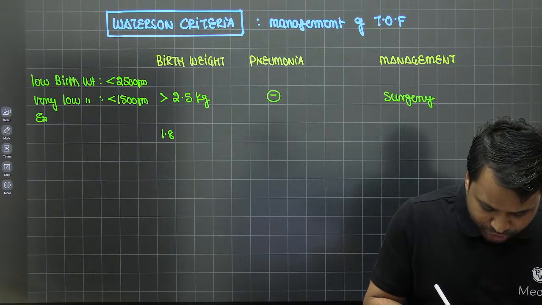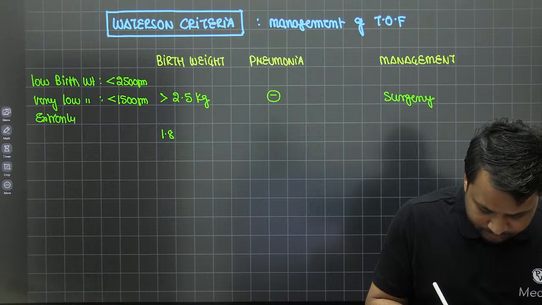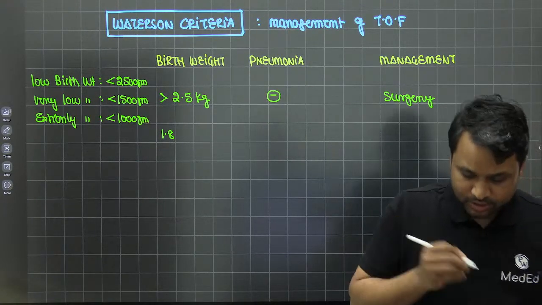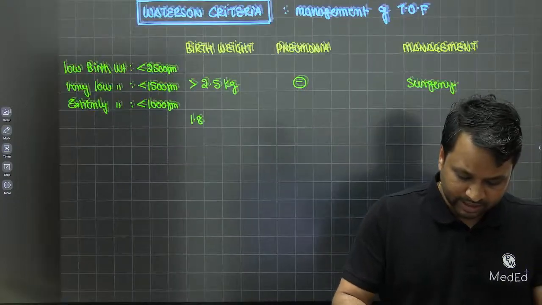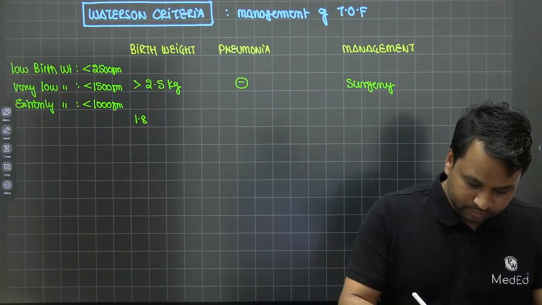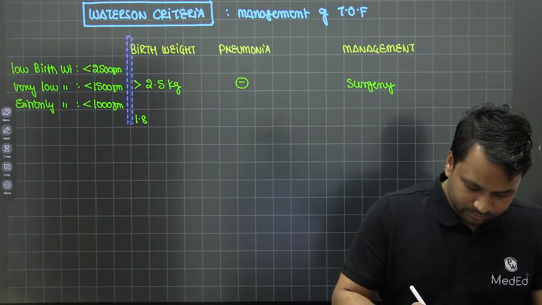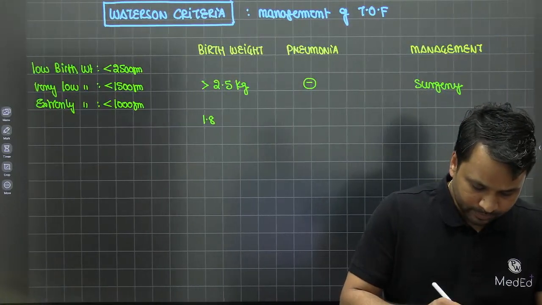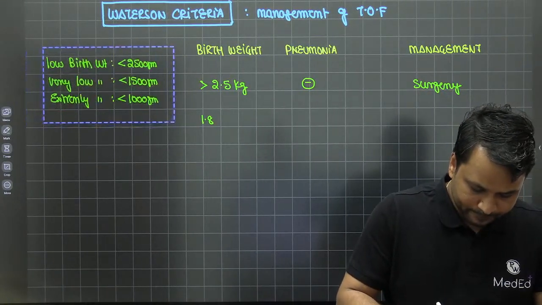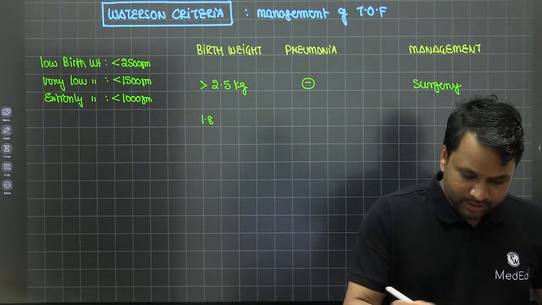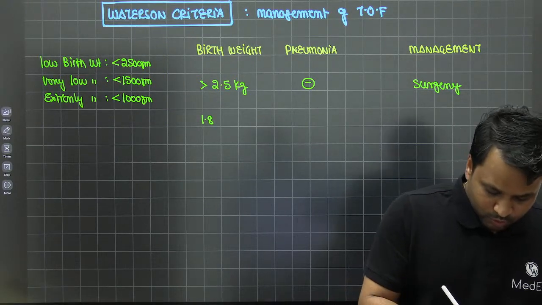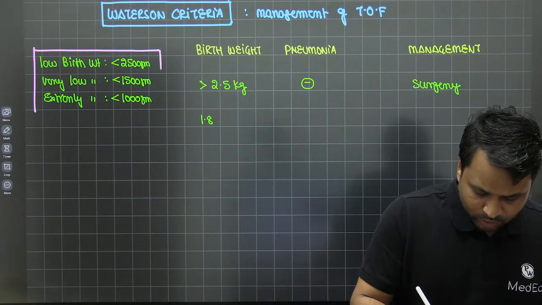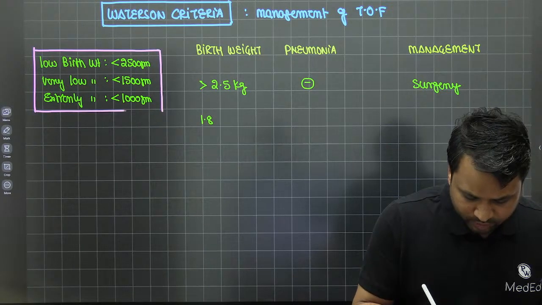And then there is extremely low birth weight, and that is going to be less than 1000. So these are the weight lines that you should know. The lower the weight, the poorer the nutritional status of the baby and the tolerance for surgery.